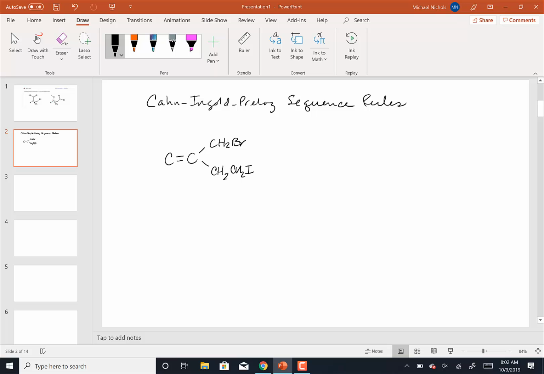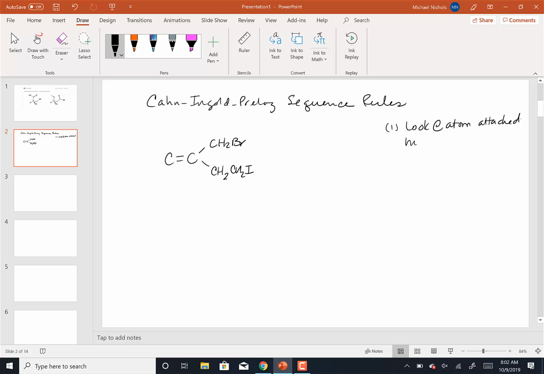Rule number 1 is that you look at the atom that's attached, in this case attached to the double bond. In the case of a chiral center, that's attached to the chiral center.